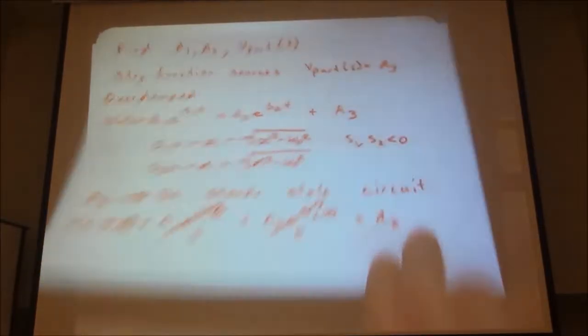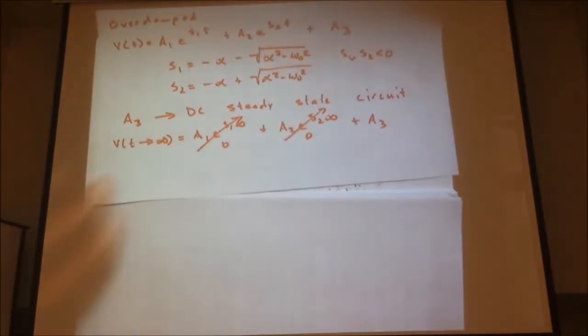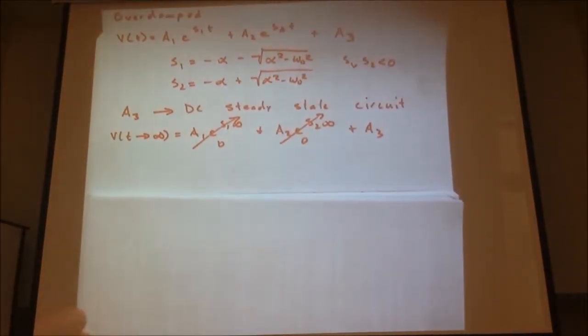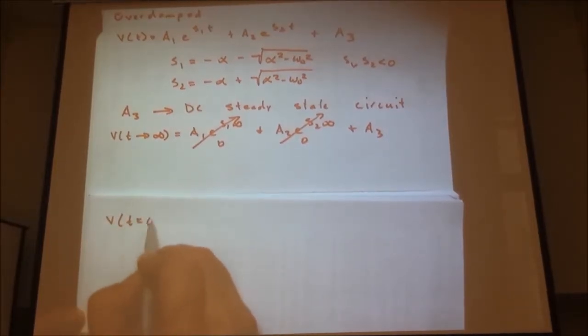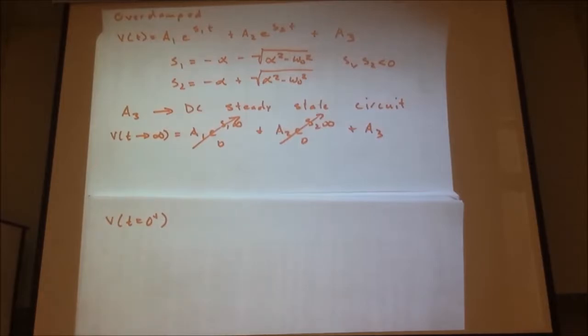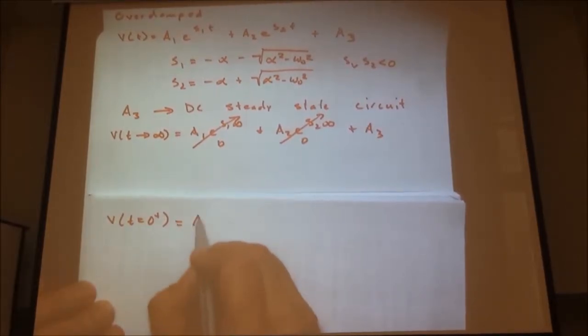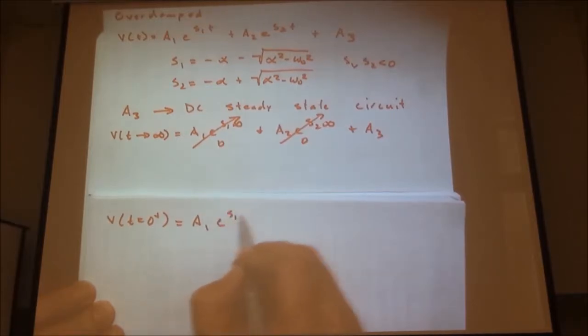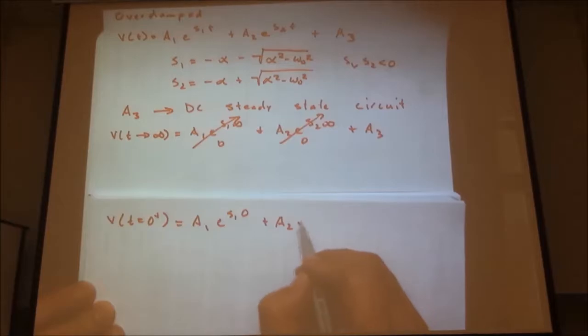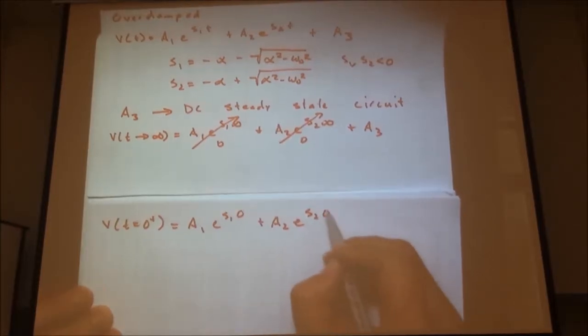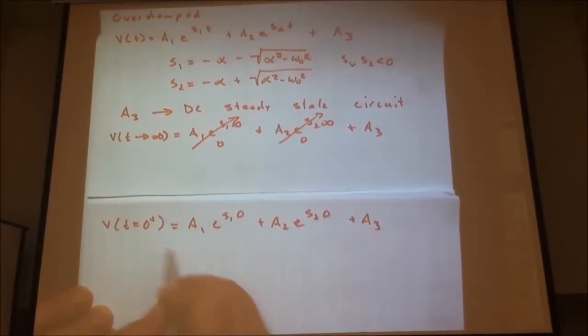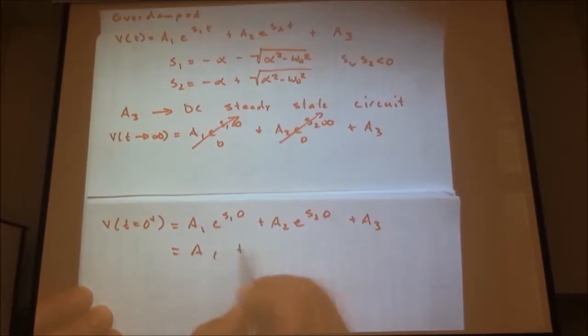Since it's second order, as we said, well, what else? These are initial value problems, so we need v of t at t equals 0 plus. And so what do we wind up with here? Well, that's A1 e to the s1 times 0 plus A2 e to the s2 times 0 plus A3. And so we wind up with A1 plus A2 plus A3.